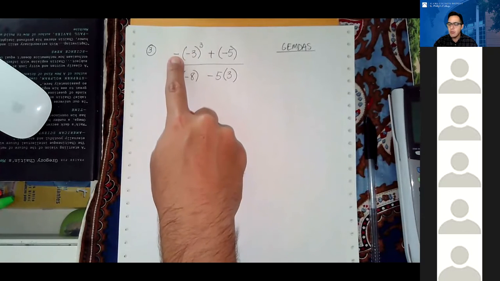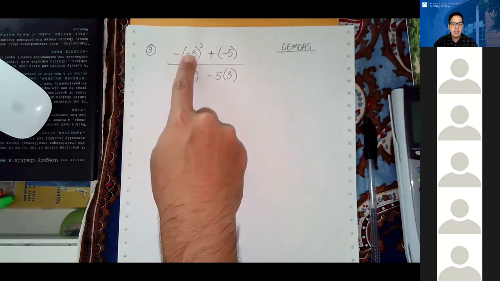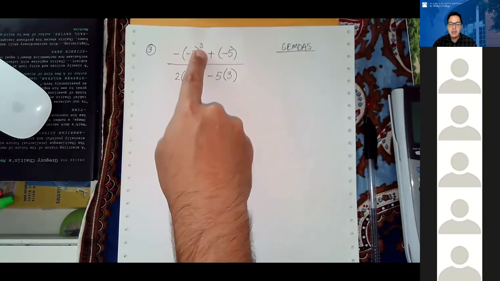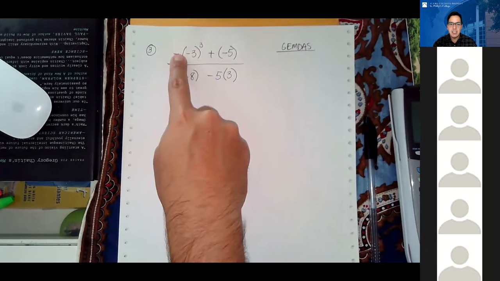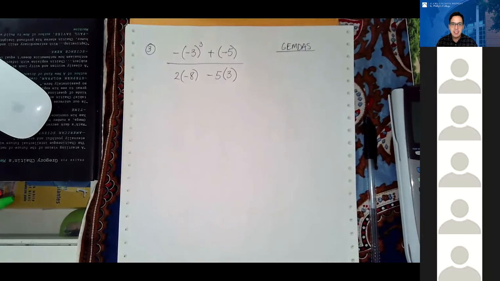But if you do negative times negative and get a positive, well, you sort of skipped the exponent. You have to do exponents before multiplication. So just be careful with that as you simplify this problem. Okay, thank you. Yeah. Because sometimes that order will mess up your overall simplification process.